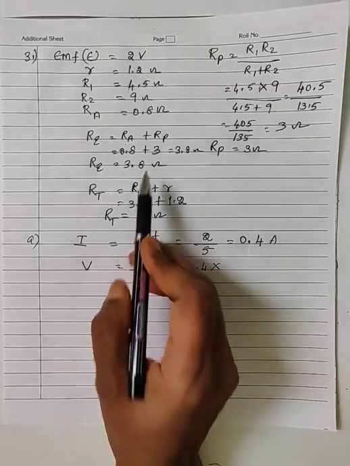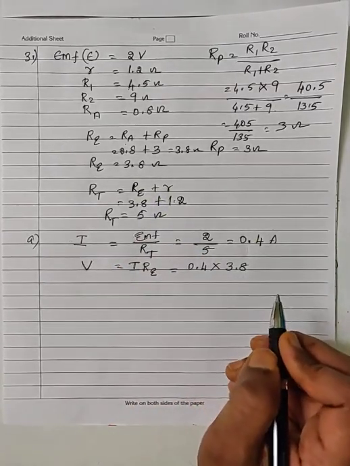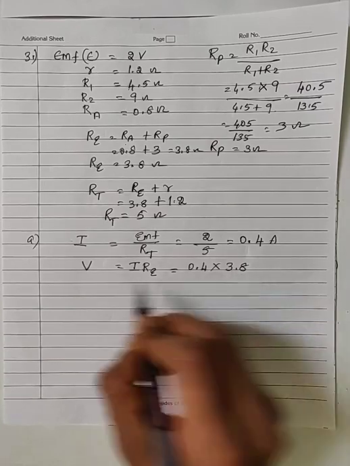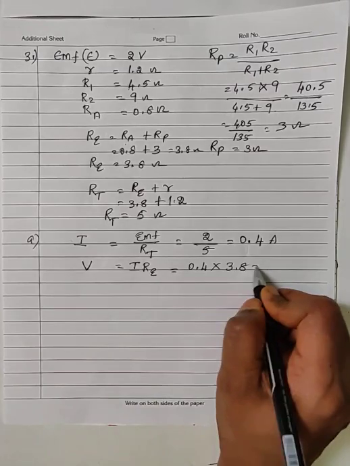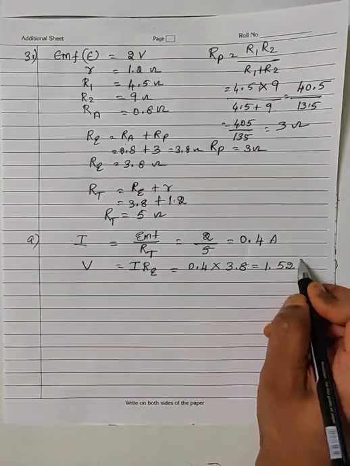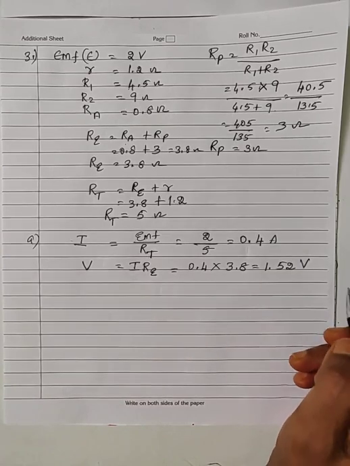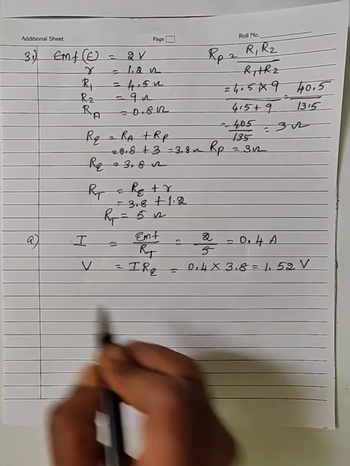The external resistance we have calculated as 3.8. So 0.4 into 3.8 is equal to 1.52. SI unit used to represent the potential difference is volt. So 0.4 into 3.8 is equal to 1.52 volt.